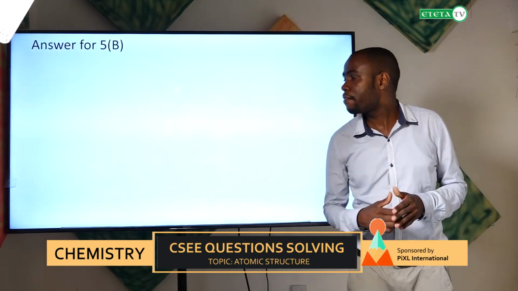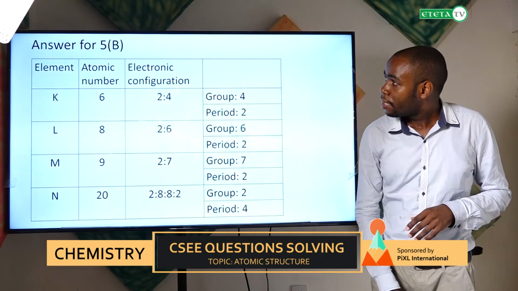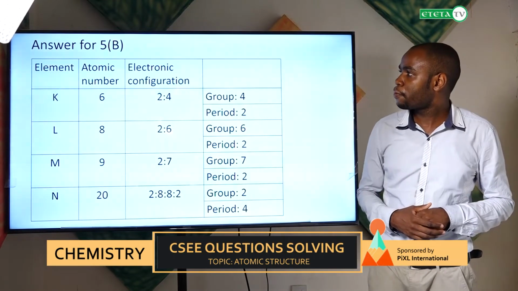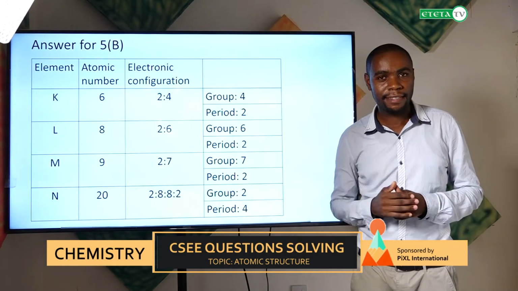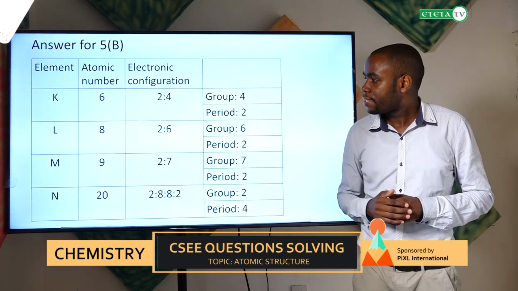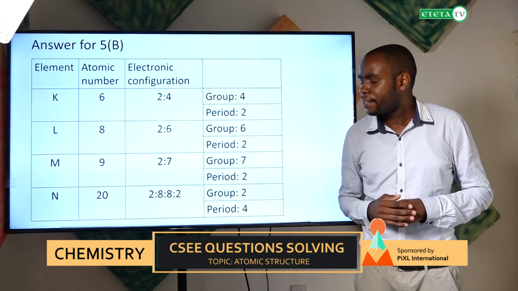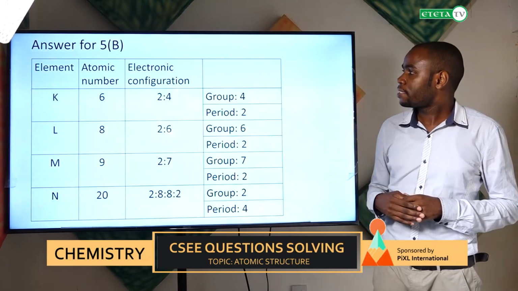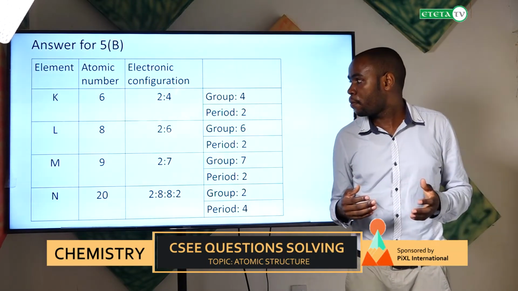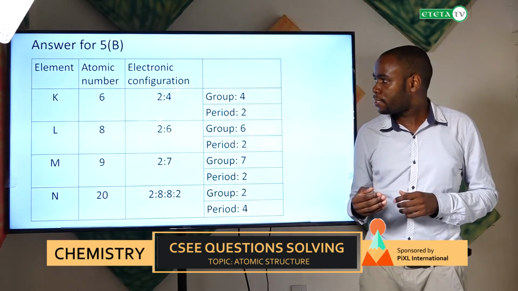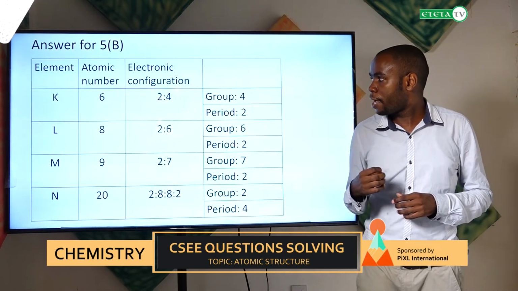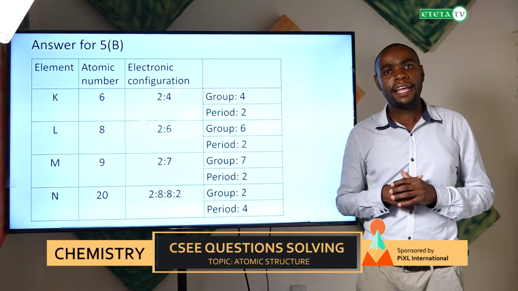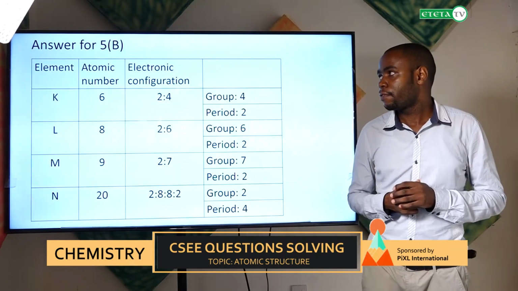Answer for question number 5b. Here the elements are K, L, M and N. The atomic number for element K is 6, L is 8, M is 9, and N is 20. What is required here is the group and the period, and you can find these by using the electronic configuration.